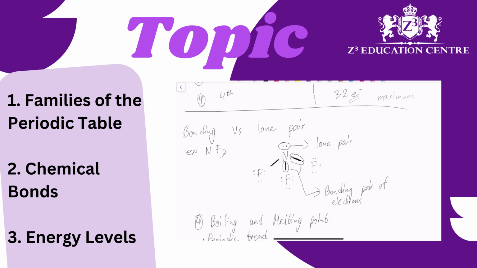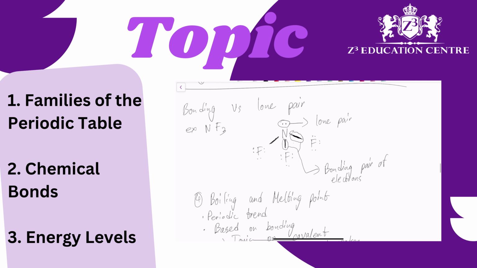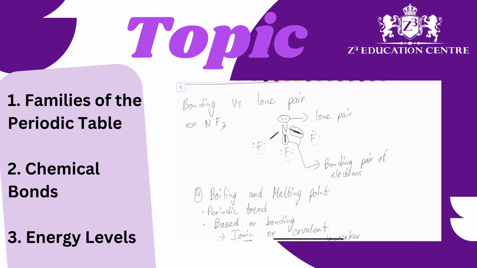Fluorine does 1 single bond each with nitrogen, and the electrons that are part of this bond are called bonding pair of electrons. The 2 electrons above nitrogen are called lone pairs, and they are not part of the bonding pair. They do not take part in the reaction or the type of bond.